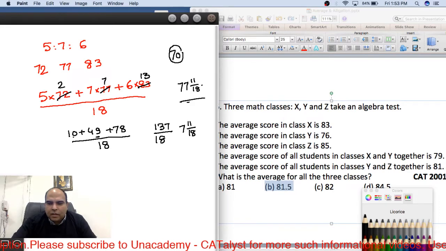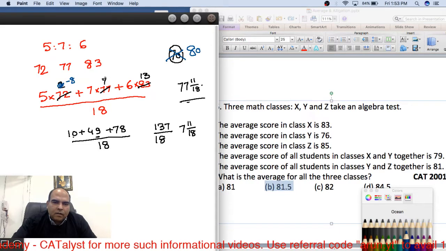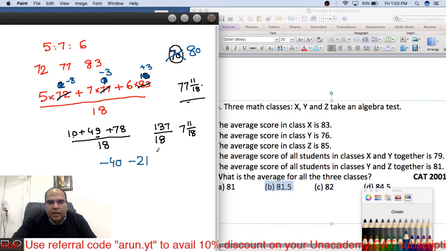In fact, there's another possibility that instead of taking 70 as the base, you could have taken 80 as the base, in which case this would have become minus 8, this would become minus 3, and this would become plus 3. So 5 into minus 8 is minus 40, 7 into minus 3 is minus 21, and 6 into plus 3 is 18.